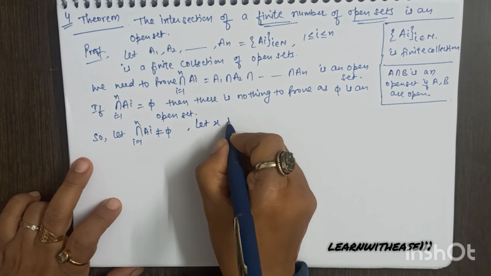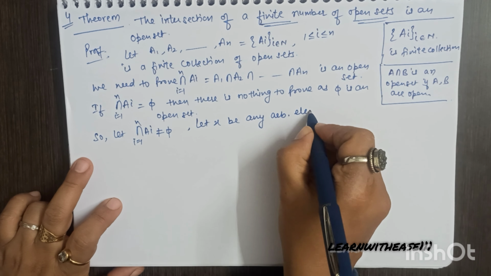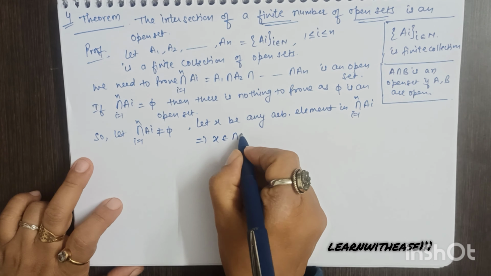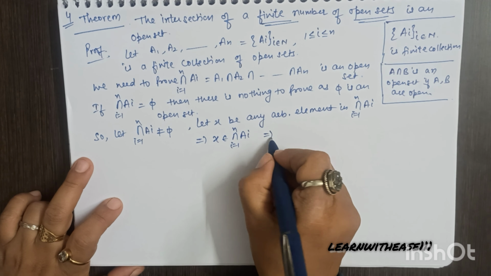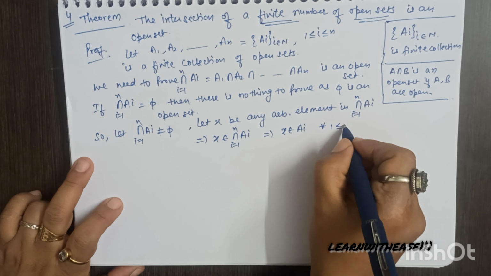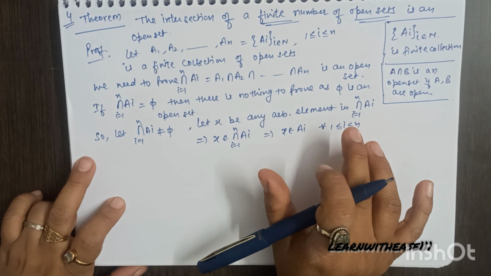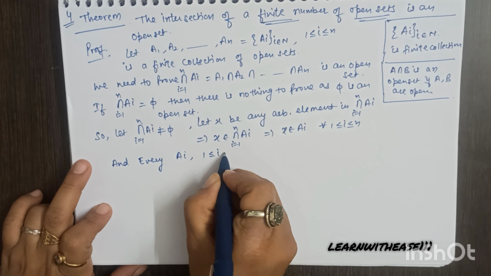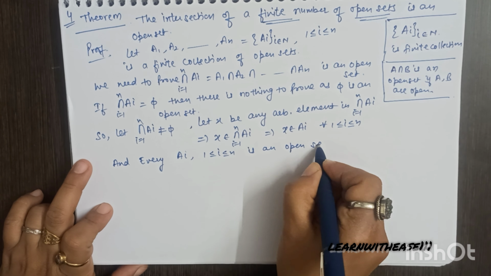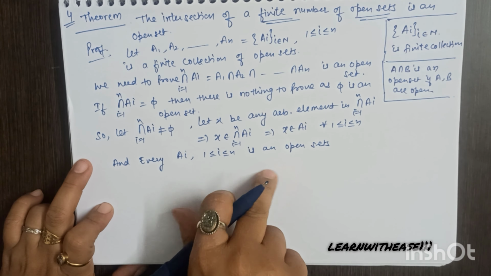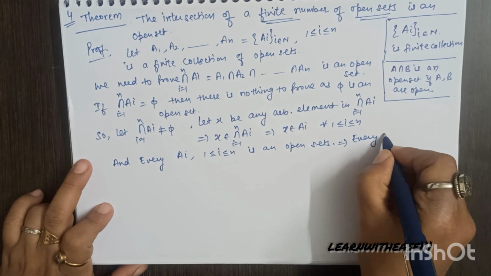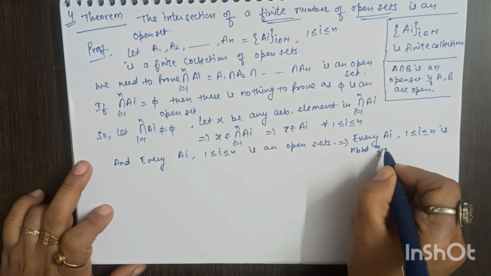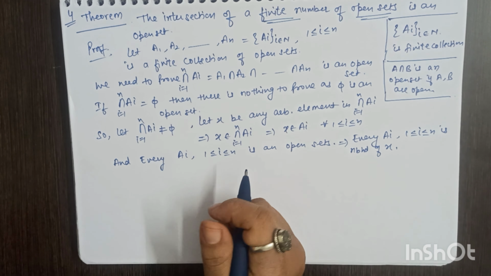It contains some elements. I am assuming an arbitrary element x belonging to the collection. Since x belongs to the intersection, it must belong to each and every Ai, i running from 1 to n. And each Ai is an open set, which means each Ai is a neighborhood of x, because this is the definition of an open set: it has to be a neighborhood of each of its points.